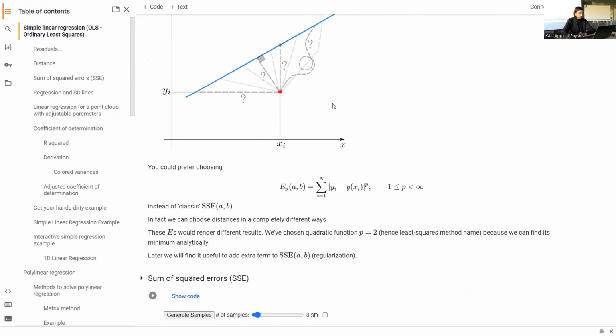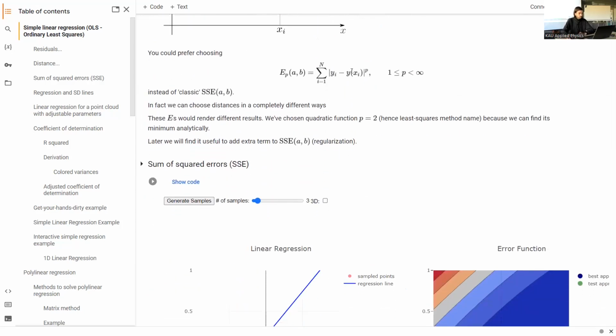It's a reminder that you can use many different distances in here. So there are some variations of linear regression. Of course, most of this lecture we'll be talking about linear regression with SSE, the sum of squared errors, and distances we are calculating in Euclidean space.